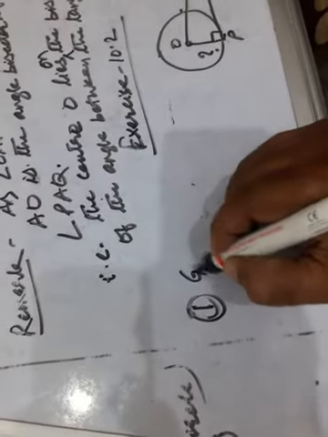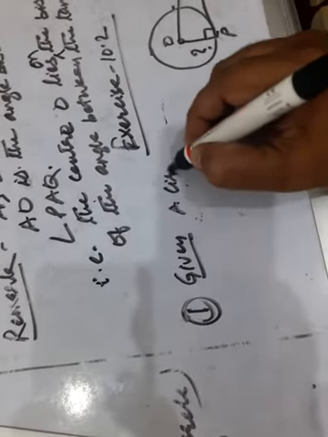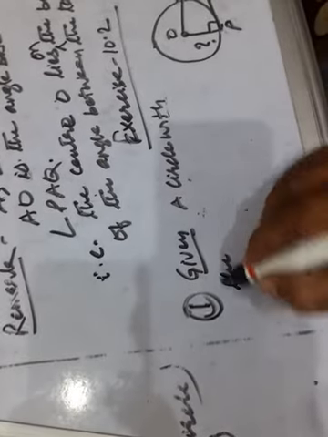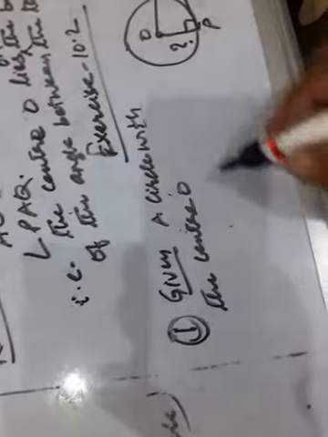What is given? Given a circle with the center O. Q is a point.